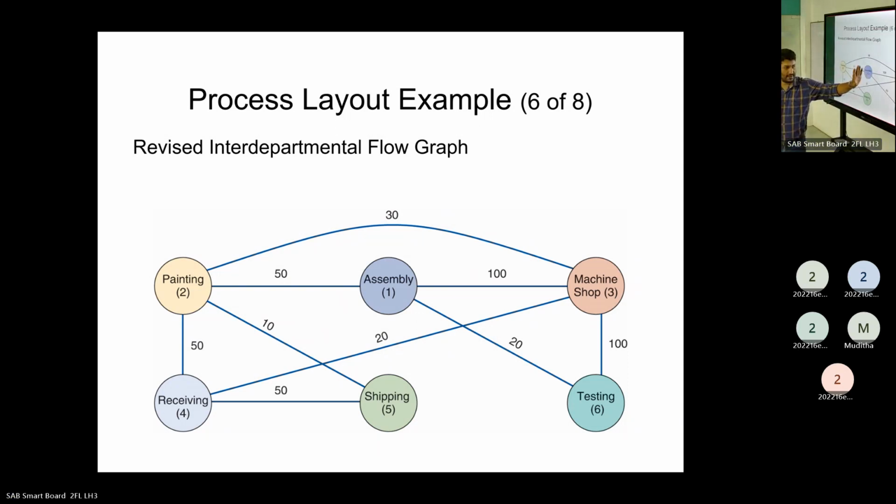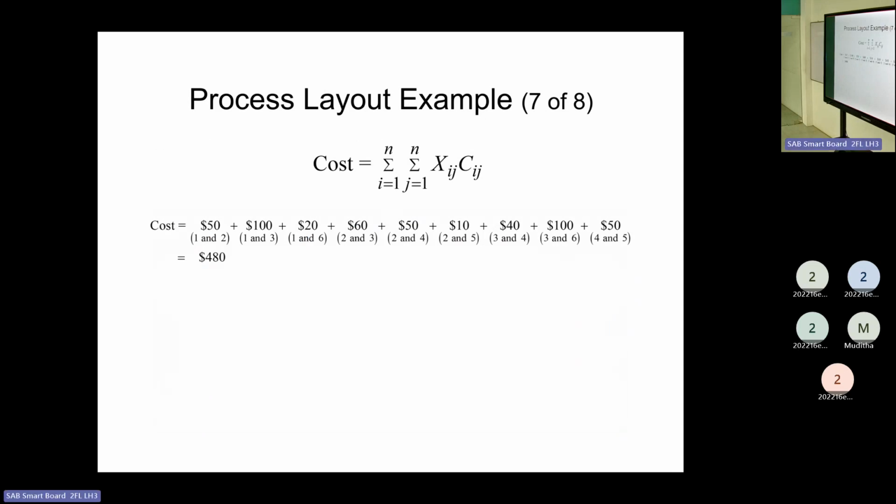That 100 is sorted out, this 100 remained the same, and only 3 and 4, 20, and 2 and 3, 30, became non-adjacent. Of course, this is an improvement. If we recalculate the total material handling cost for the new improvement, it is 480. Compared to this, it's a better improvement.